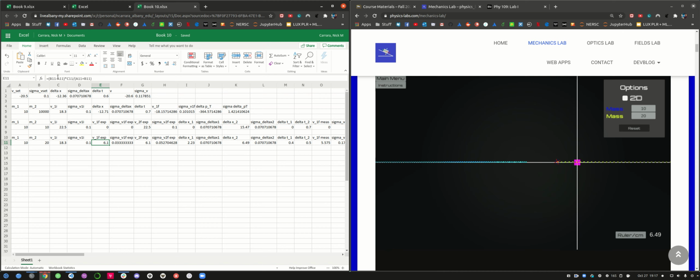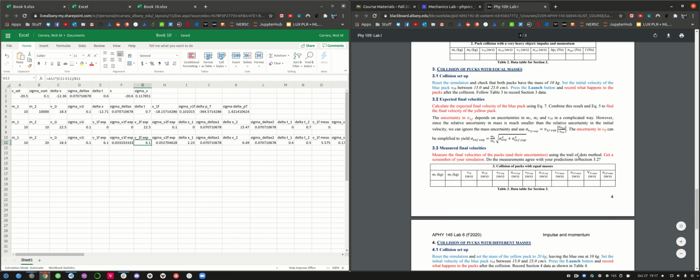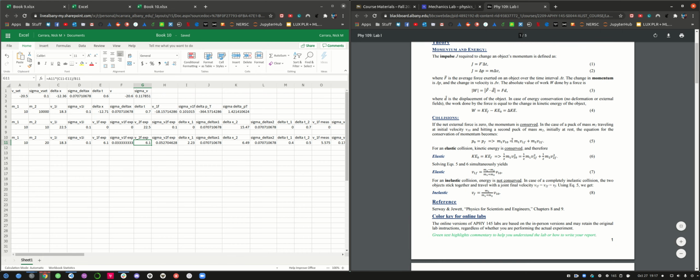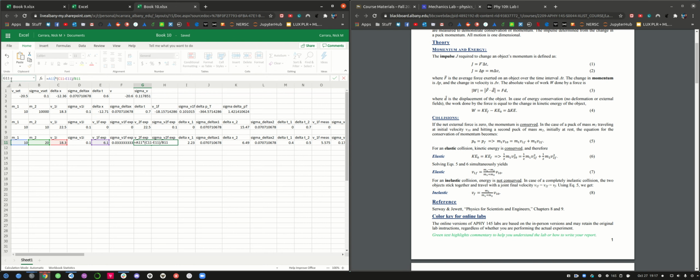So why did this come out incorrectly? Let's see. Or not that one. Why did this one come out incorrect? Alright, so it's mass 1 times initial minus final divided by the mass of 2.